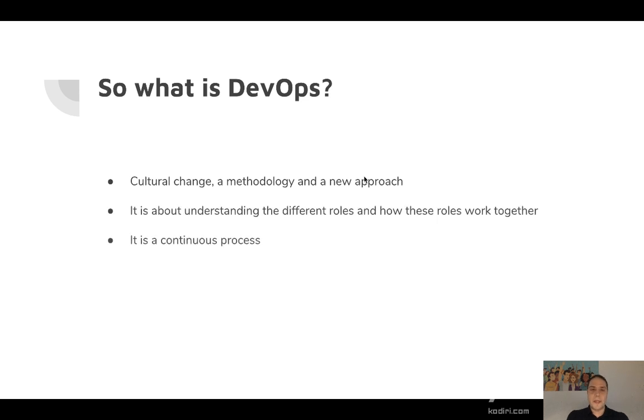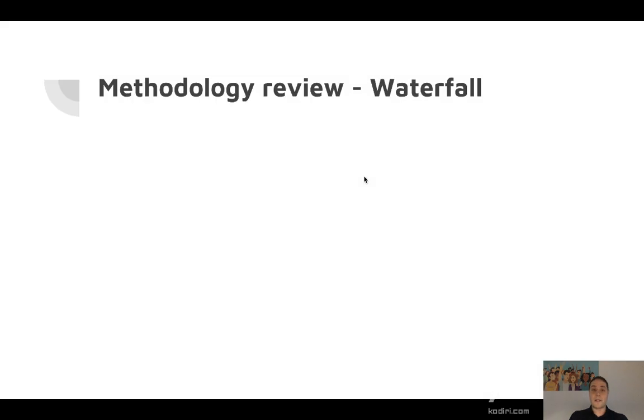And DevOps, well, what is it then? It's a culture change, a methodology, and a new approach. It's about understanding the different roles and how they work together. It is a continuous process and a state of mind.